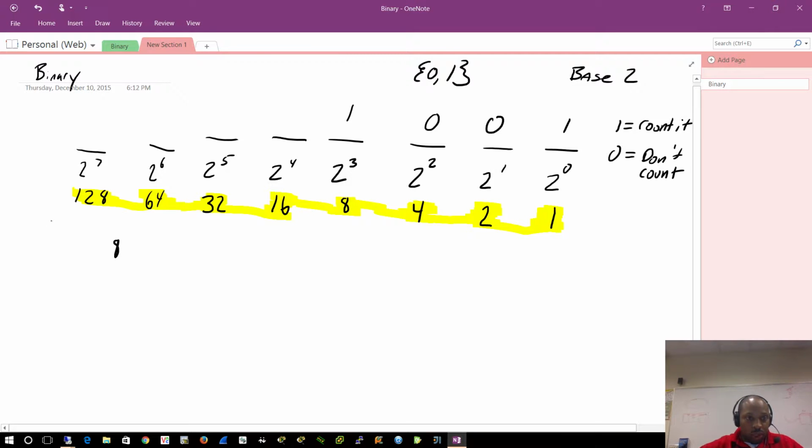We'll call this the stack. Over the 4's column we have a 0, so we're going to skip it. 2's column, 0, so we're going to skip it. 1's column, we do have a 1 there, so we're going to count it. So this number is equal to 9 in the decimal world. So in binary, it's 1001. In decimal, it's 9.